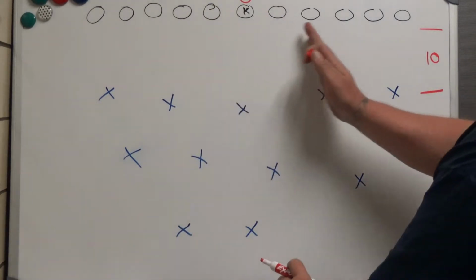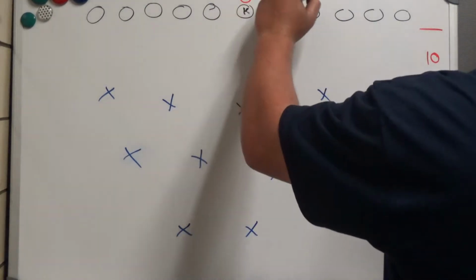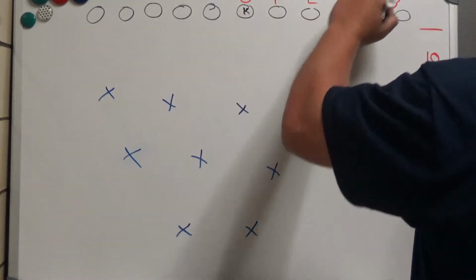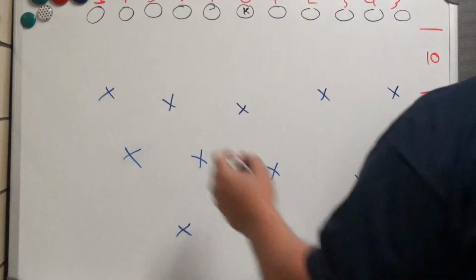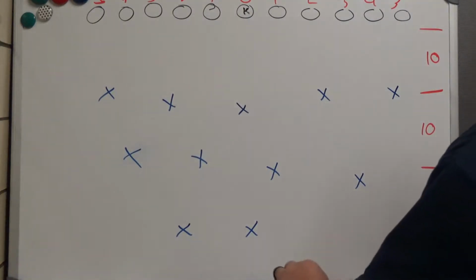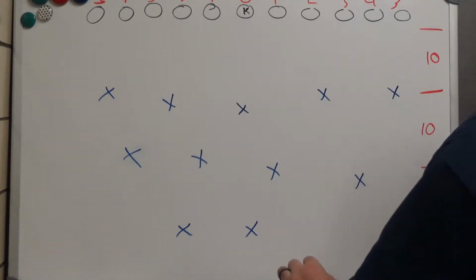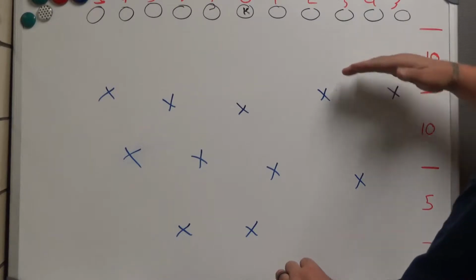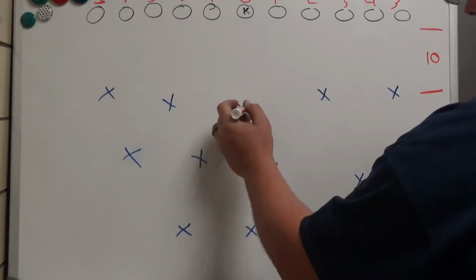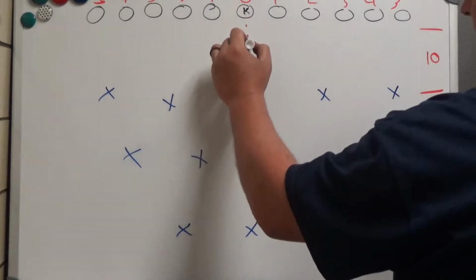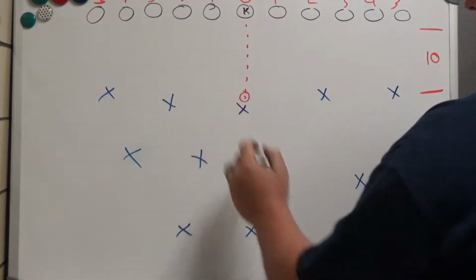That means we have 5 players to this side, 5 players to the other side. For alignment purposes, we know we're going to have to be 10 yards back from the ball. To line up, this middle guy is lined up with the zero man.